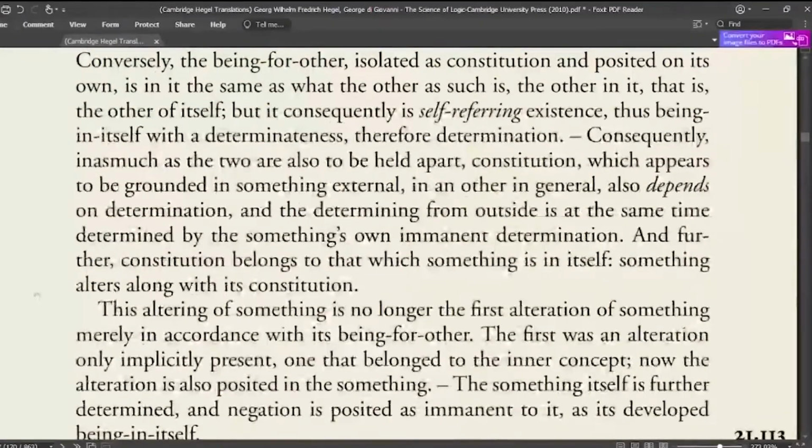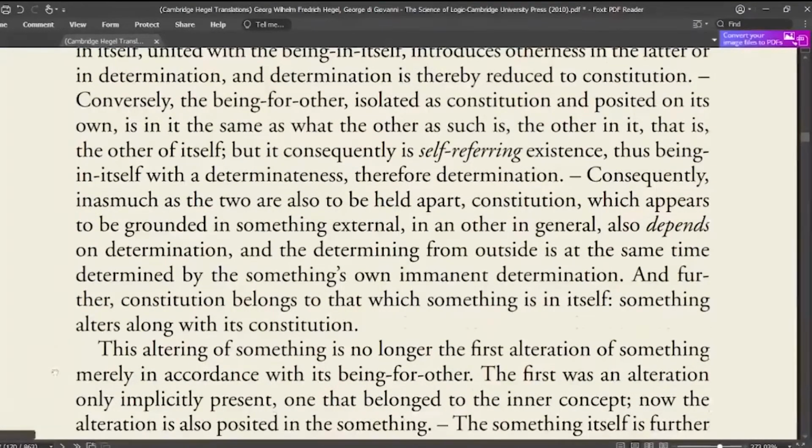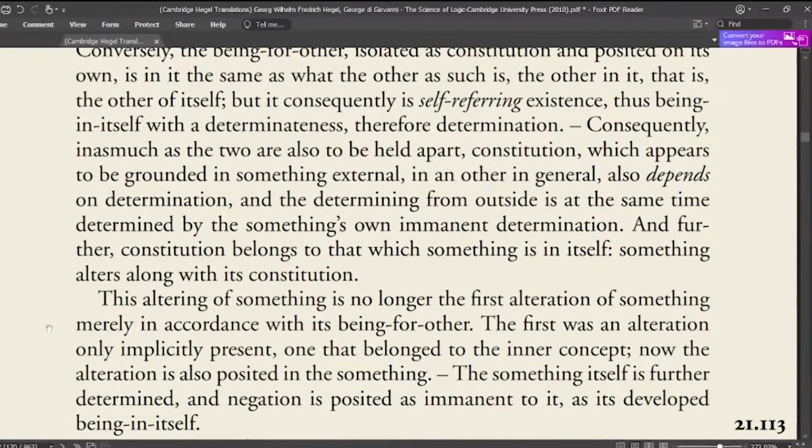And if you remember, altering is an internal becoming, a result becoming. So the moment of altering, or altering as concept, or as determinate concept in a way, is co-determinate with constitution here, in which, insofar as we consider things under the constitution, we consider them in their altering.